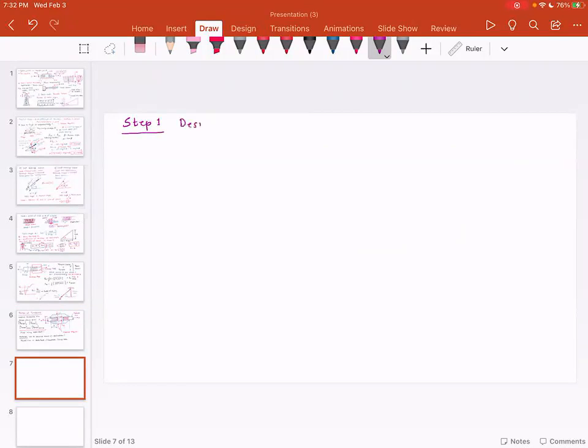Design core diameter of rod. Now, assuming the turnbuckle is in tensile failure, so failure is in tension.